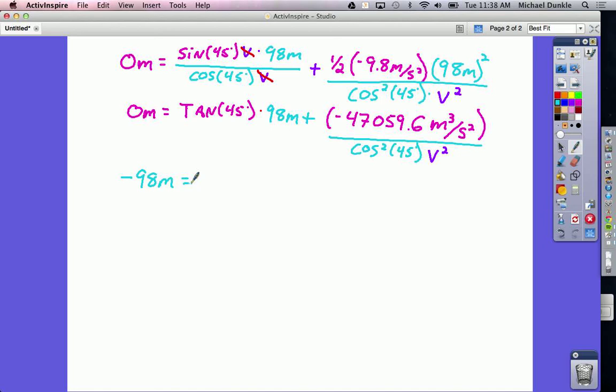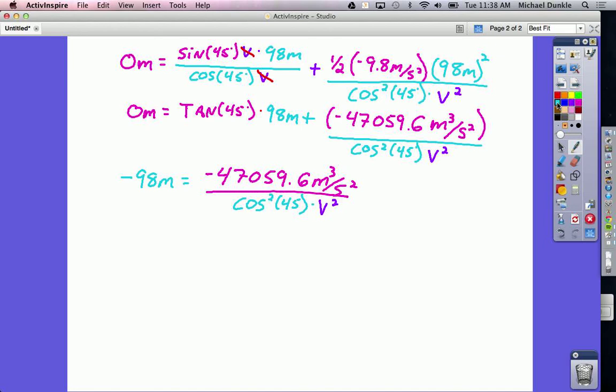On the right side, I'm just going to write what I had, which was negative 47,059.6 meters cubed per second squared. I have to keep my things in the denominator, which is cosine squared 45, multiplied by the velocity that we're actually looking for, squared. Now I don't like fractions. We want to get rid of this fraction stuff.